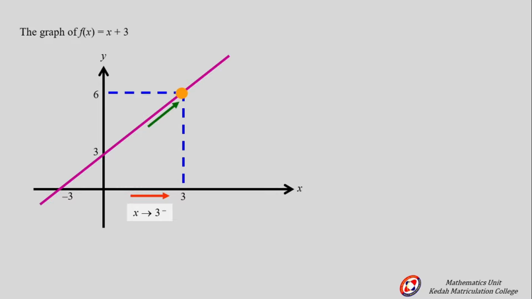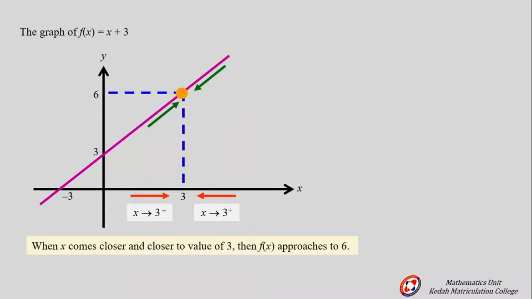When x is approaching 3 from the right, our graph is decreasing and approaching 6. Here we can conclude that when x comes closer and closer to the value of 3, then f(x) approaches 6.